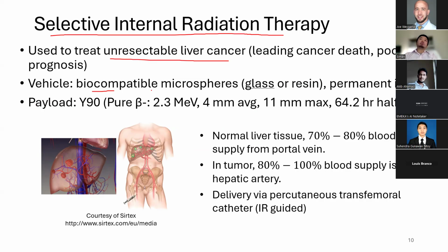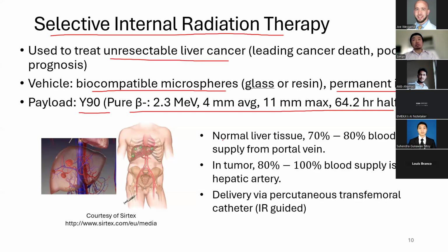The vehicle is biocompatible microspheres. So this does not have a biodistribution. It becomes a permanent implant. It goes to the destination and there's no clearance. And the payload is Y90 in this case. It's a pure beta emitter, and you can see the statistics over there.